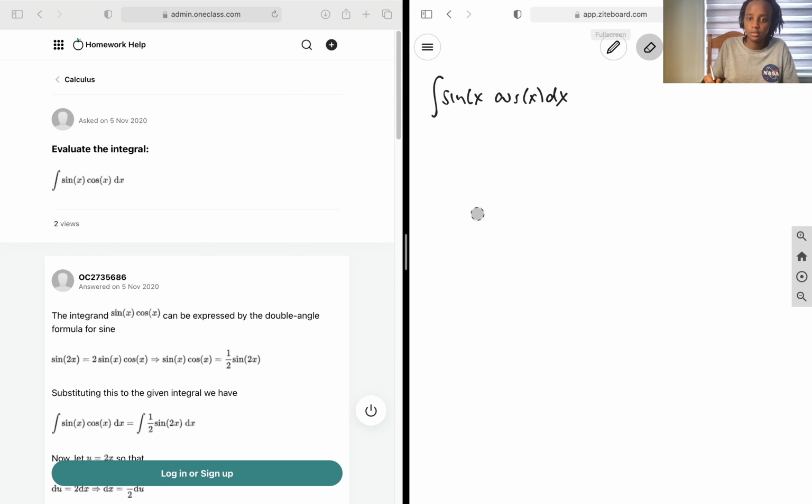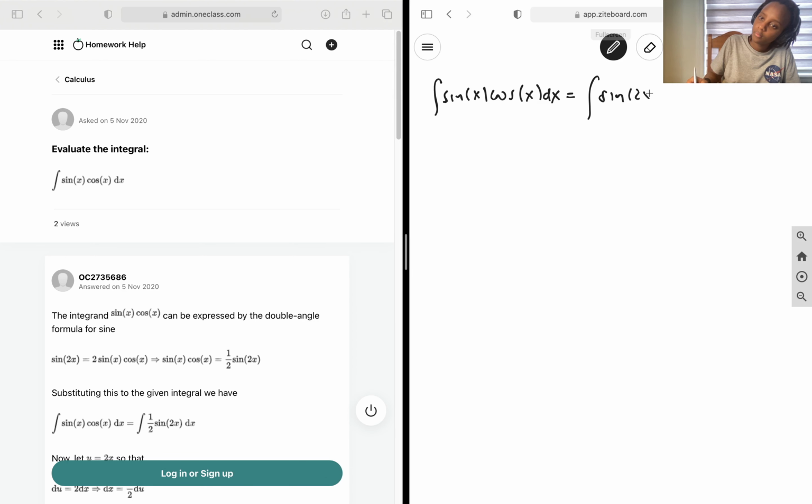And so let's just rewrite all of that. And I'm just going to pull the 1 over 2 out. And next up, we're going to use substitution in order to find what we need to find.